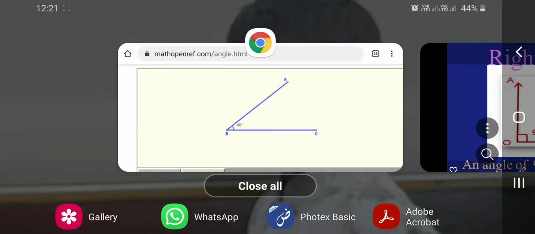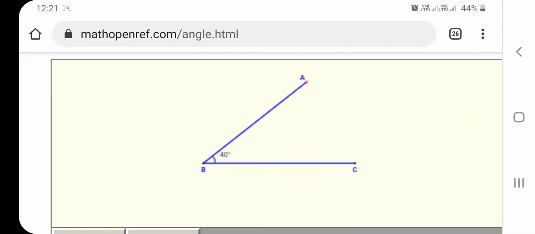Now I am showing you here. If I drag and it goes exactly onto 90 degrees, it is a right angle.